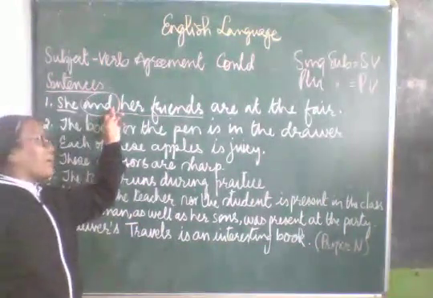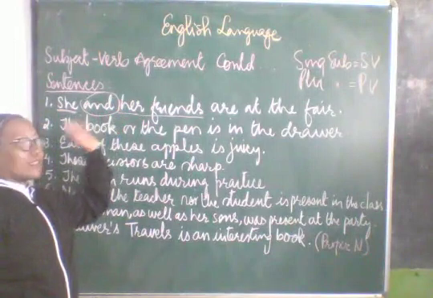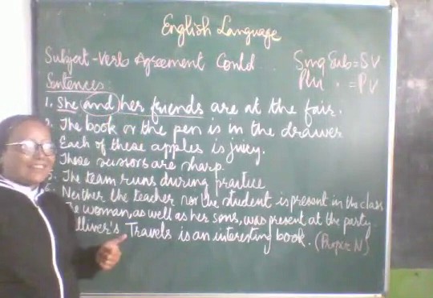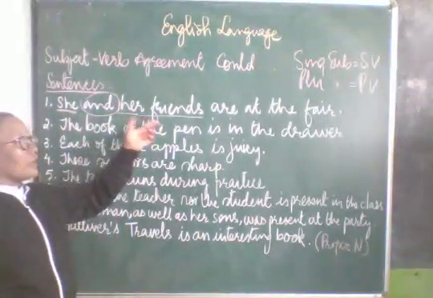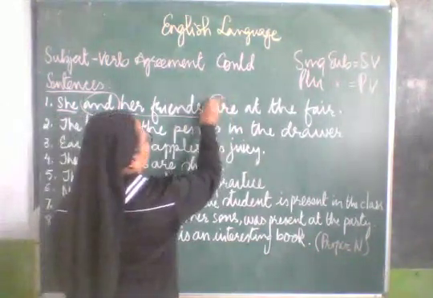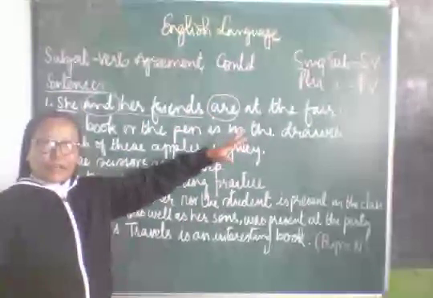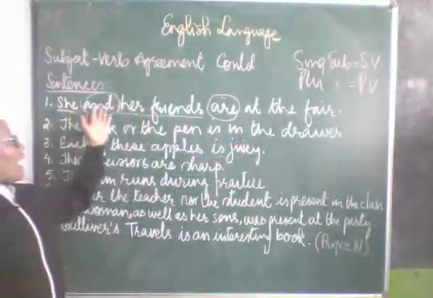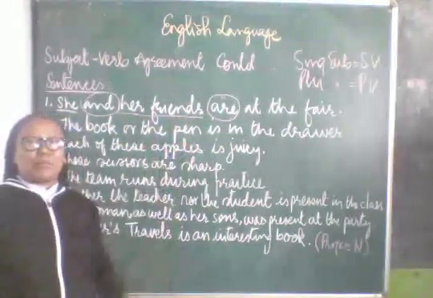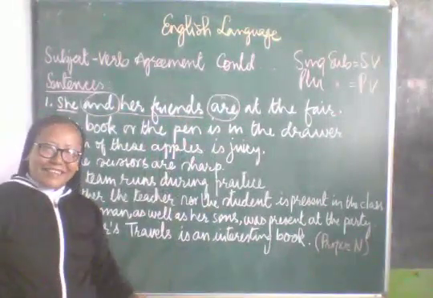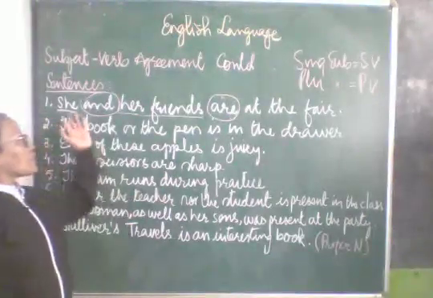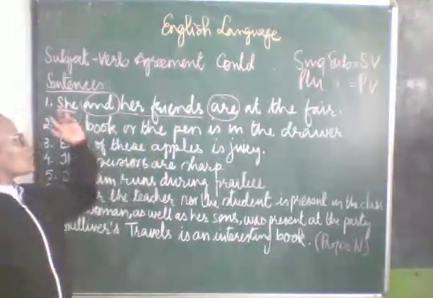joined by and. So that shows that these are different subjects joined by and, that means plural. Because these subjects are plural, I take the plural verb are. So, she and her friends are at the fair. Plural subject takes plural verb. Got it? If it was only she, then she was at the fair.